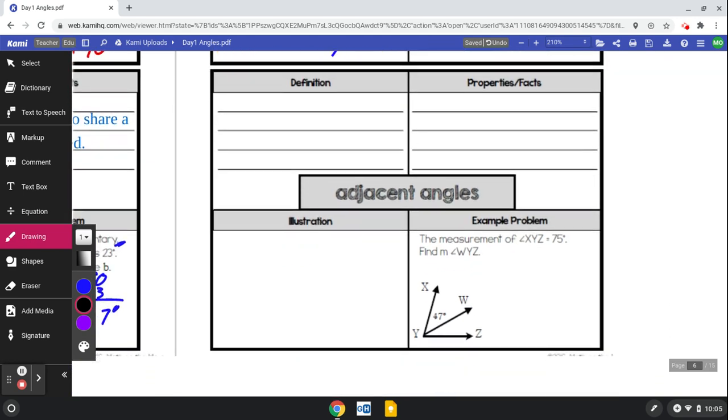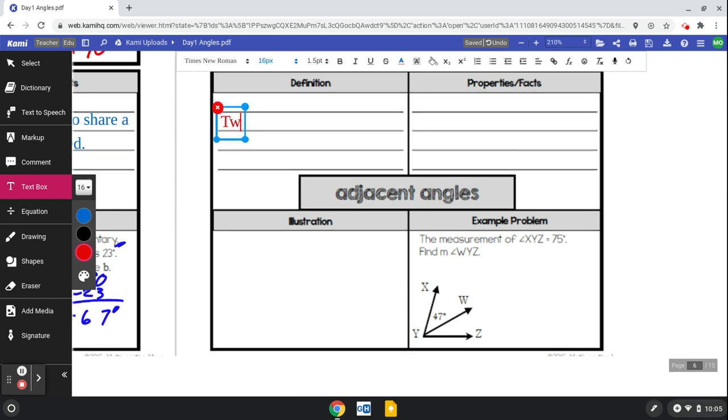Last definition that we're really going to focus on today is adjacent angles. Adjacent angles, again, is two angles that share a common ray and common vertex.